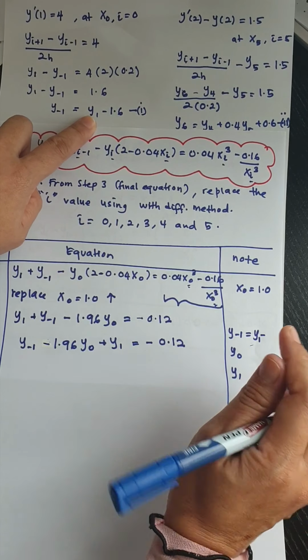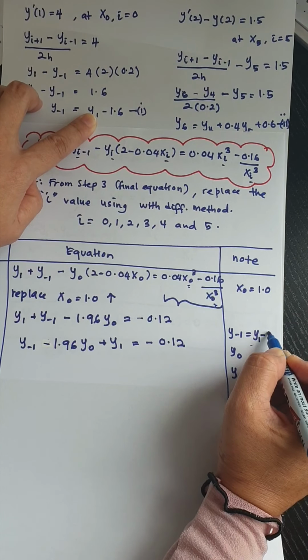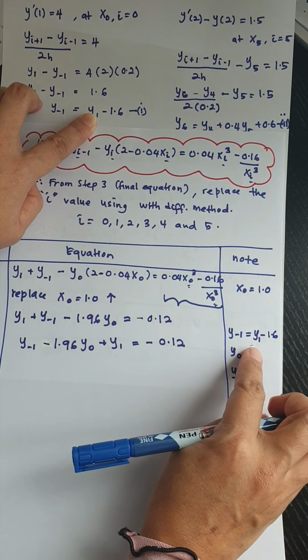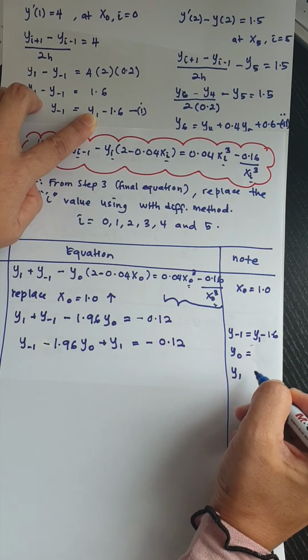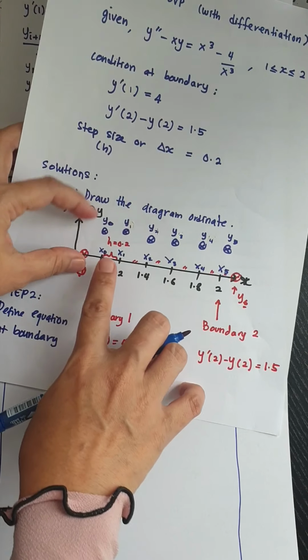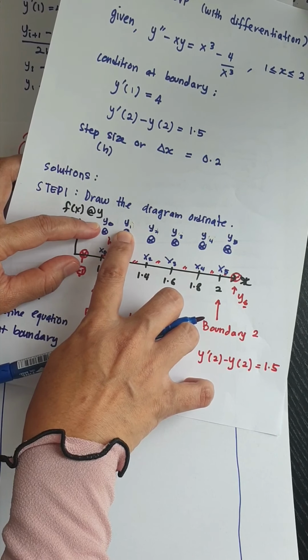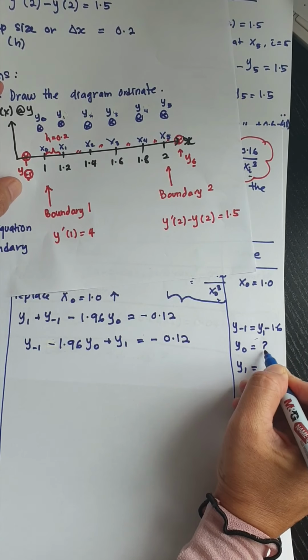Here y negative 1 is equal to y1 minus 1.6. This is the value at the boundary. What about y0 and y1? Do you know the value? y0 we don't have the value, and also y1 we don't have the value, so it will be a question mark to you.